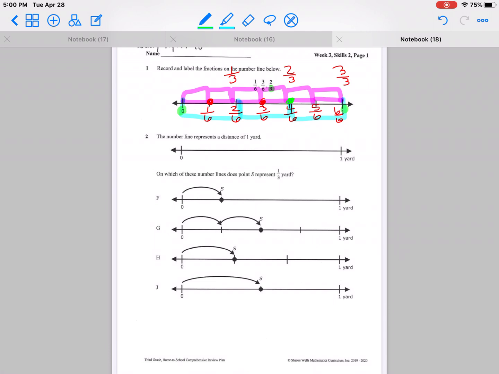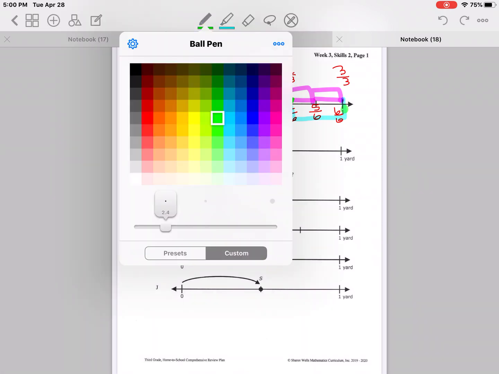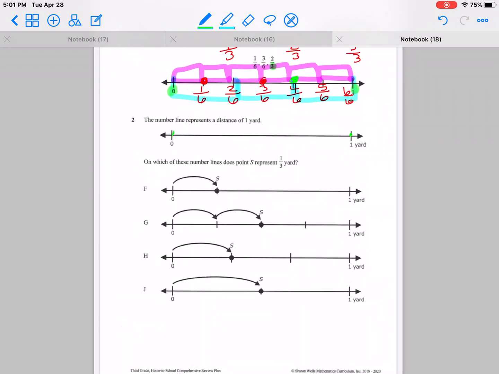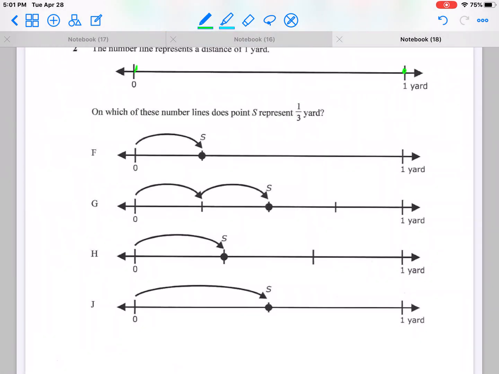Let me solve number 2 with you, and then you can solve the rest of the pages. Now number 2 reads, the number line represents a distance of 1 yard. So from here to here is 1 yard, 1 whole yard. On which of these number lines does point S represent 1 out of 3, 1/3 of a yard?